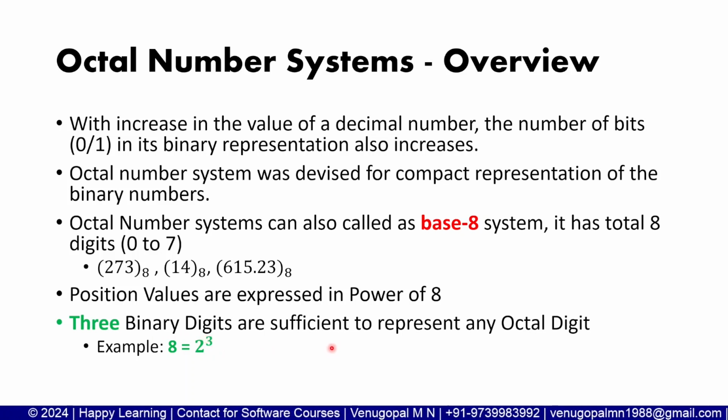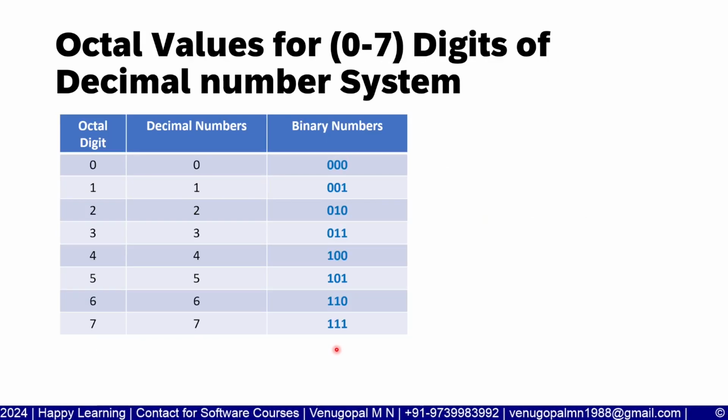Okay, so now this particular slide will tell us the octal values for the digits 0 to 7 of the decimal number system. We have decimal numbers starting from 0 to 7, and we have equivalent binary values and octal digits. In the octal number system, 0 to 7 remain the same.